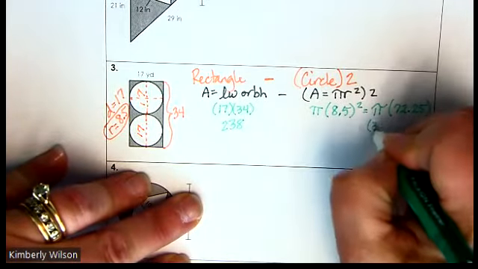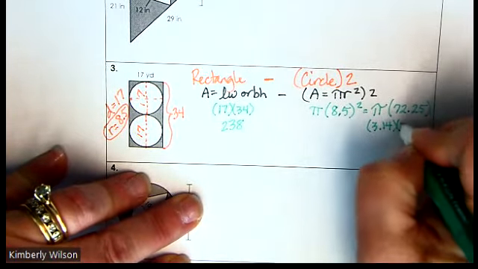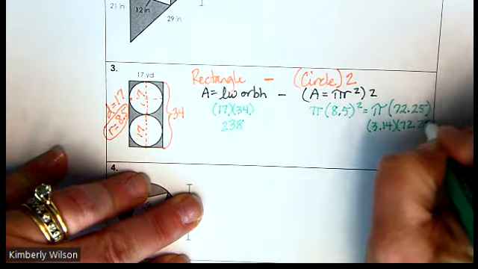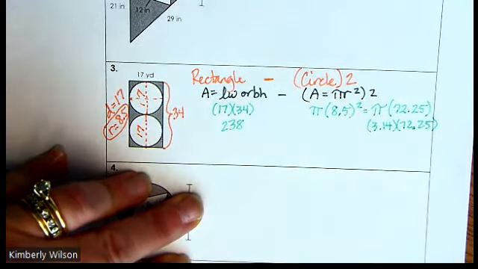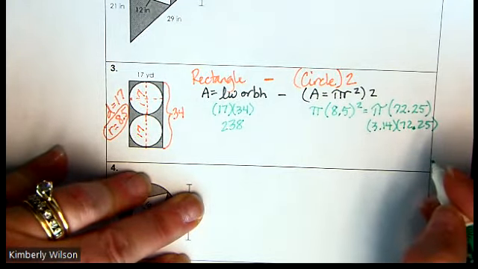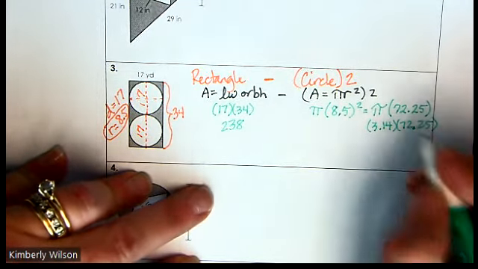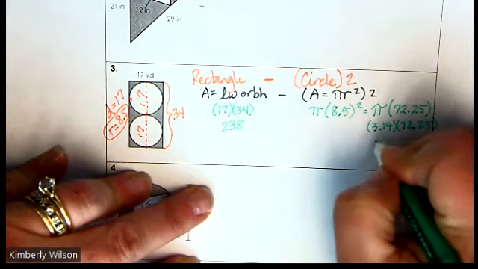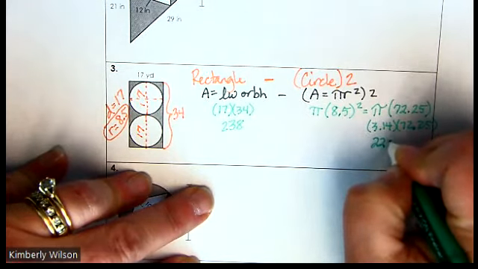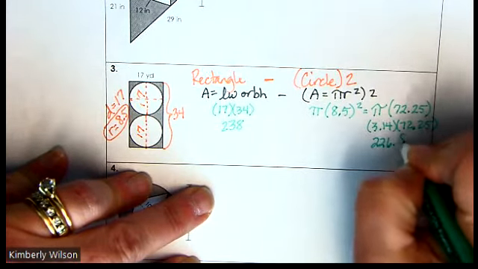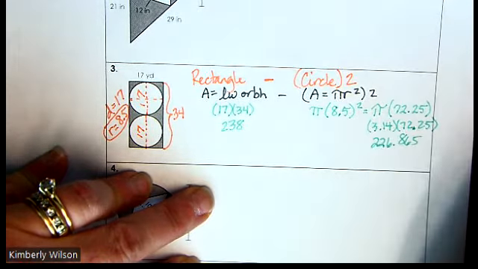So I'm now doing 3.14 times 72.25, which gives me 226.865.